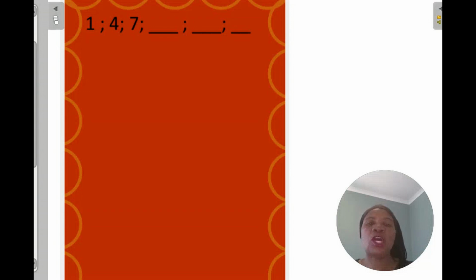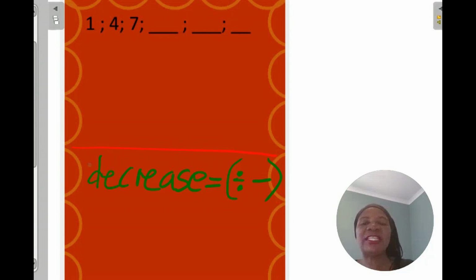Okay, so if there is a decrease in numbers, it means we look at the operations that cause numbers to grow smaller and smaller. And these are the only 2 operations: division and subtraction. So if we see that the sequence is decreasing, then we have to consider division or subtraction.